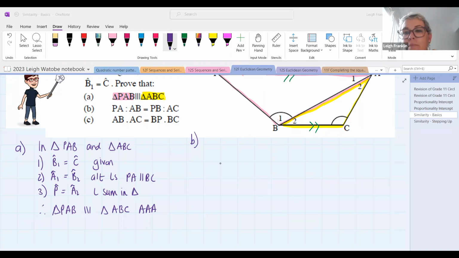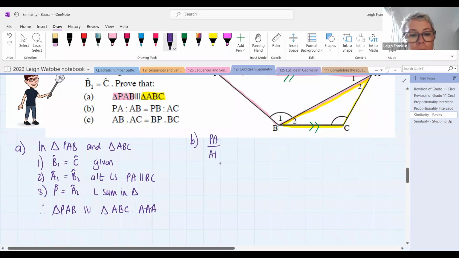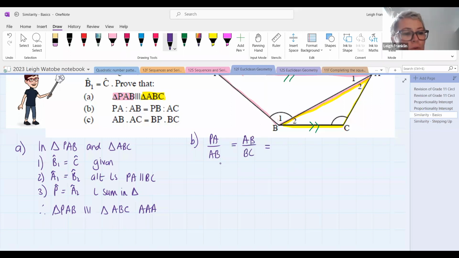For B, I said PA over AB is equal to AB over BC. Awesome. Keep going. Then it's equal to PB over AC. Beautiful. Fantastic. What was your reason here, Bradley?